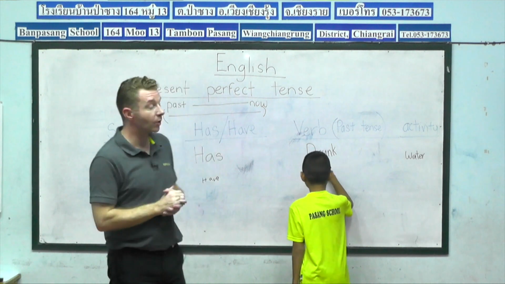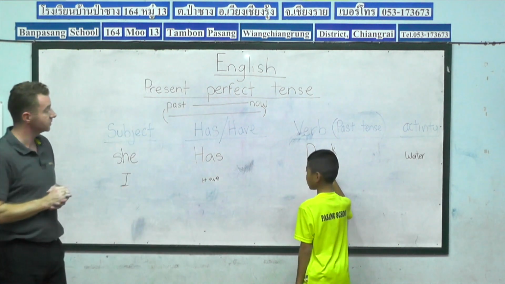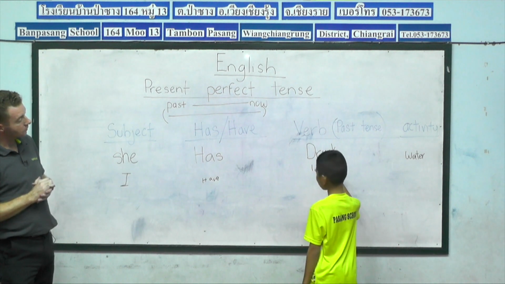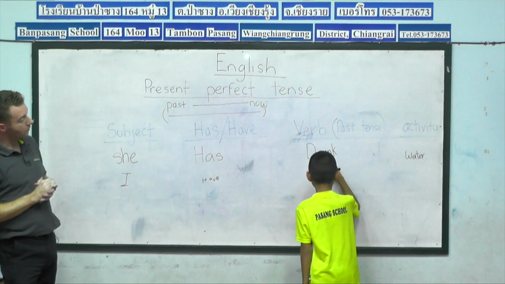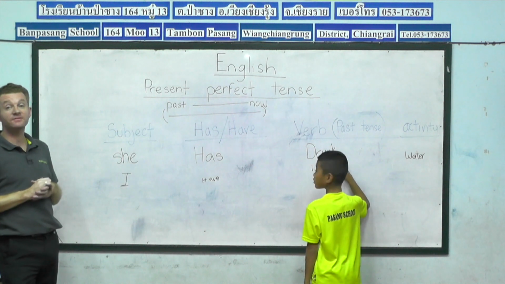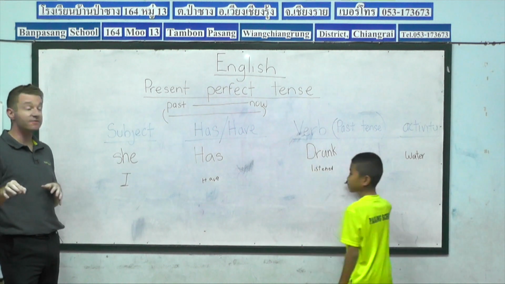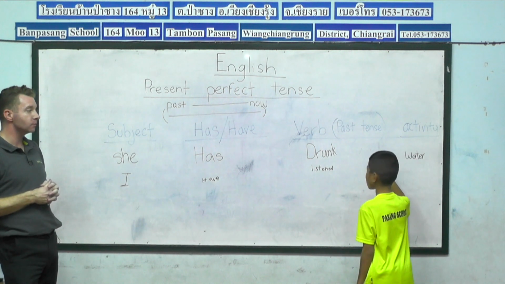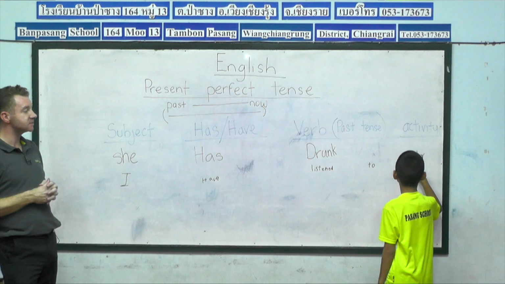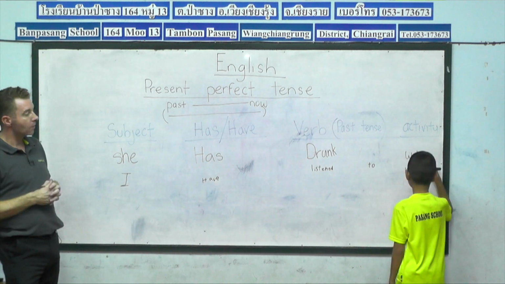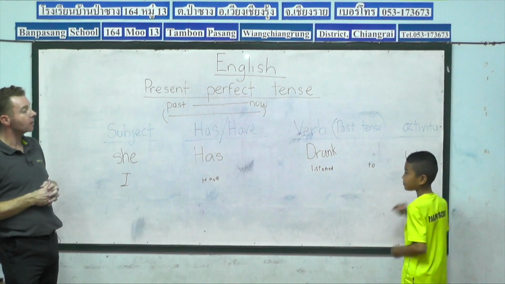And now we need the past tense form of our verb word. So what verb will Pangpon use? I have. Listen, and then in the past tense form, we need to add the letters ed. And then what did you listen to, Pangpon? I have listened to music. Okay.